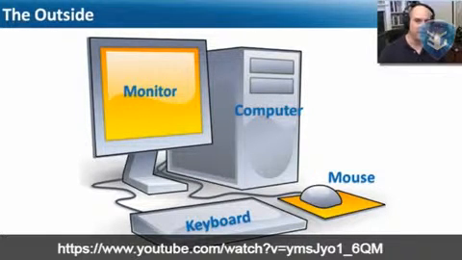And finally, we have the computer itself. Some people will refer to this as your CPU. Technically, of course, the CPU is a chip that is inside of your computer case, but we often refer to the computer that you happen to be connected to as the CPU. You may also find these days, especially with things like the Apple iMacs, that the monitor and the computer are all in one. You just have a monitor and a keyboard and mouse.